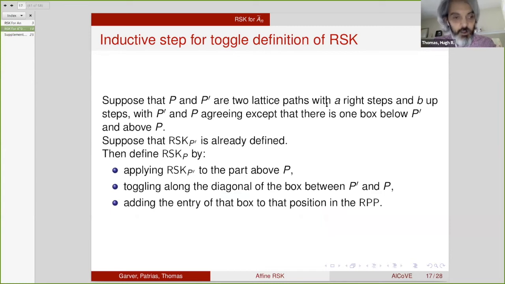Then we toggle along the diagonal, and then we add the entry in that box to that position of the reverse plane partition. So it's the same thing as before.